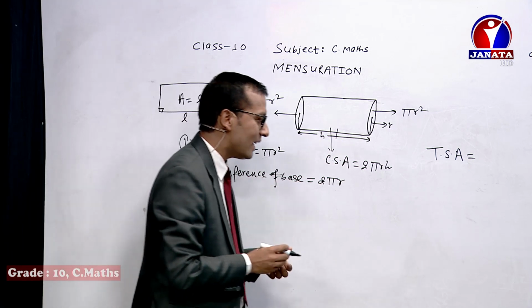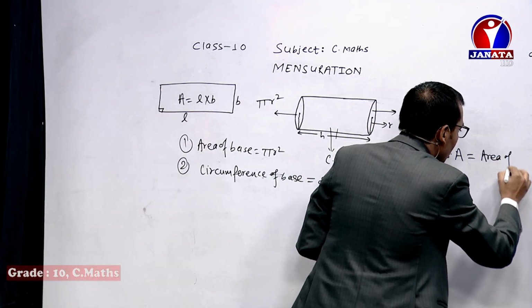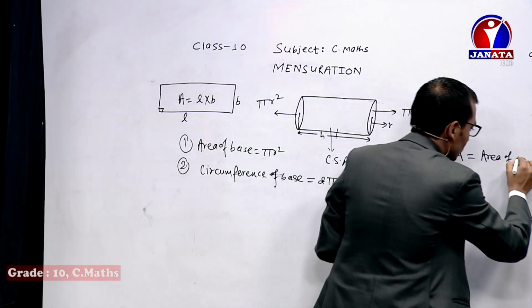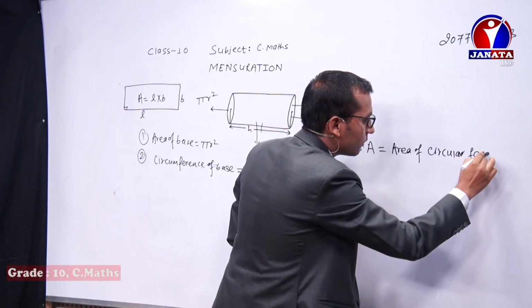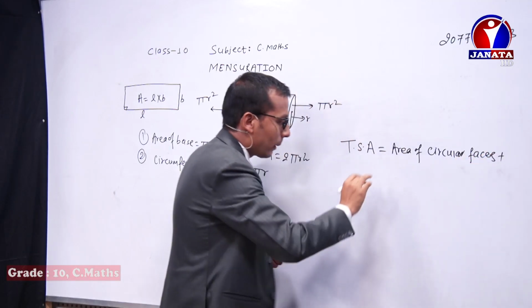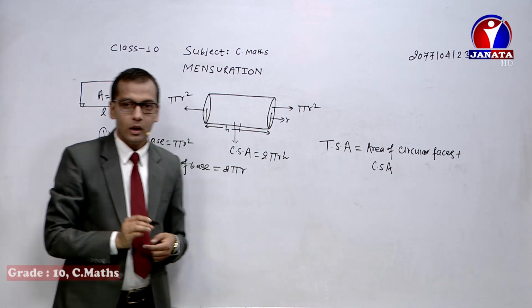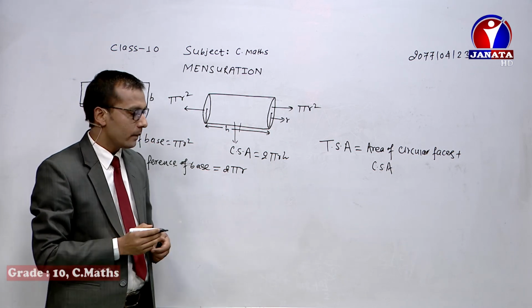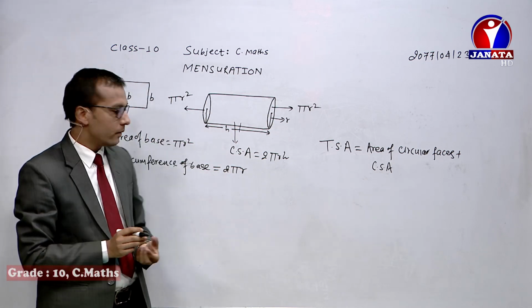So TSA is equal to the area of circular faces plus curved surface area.